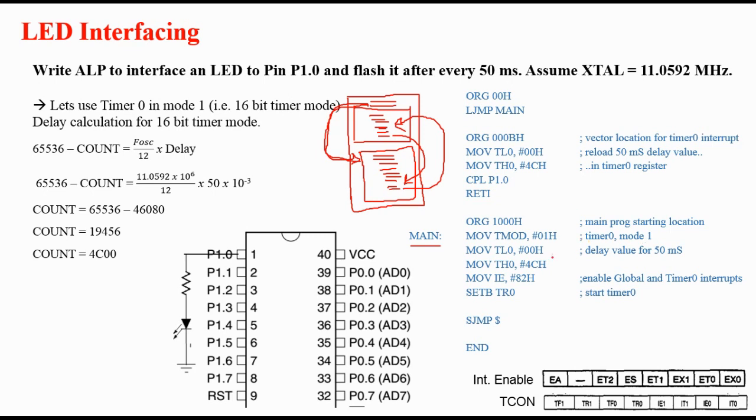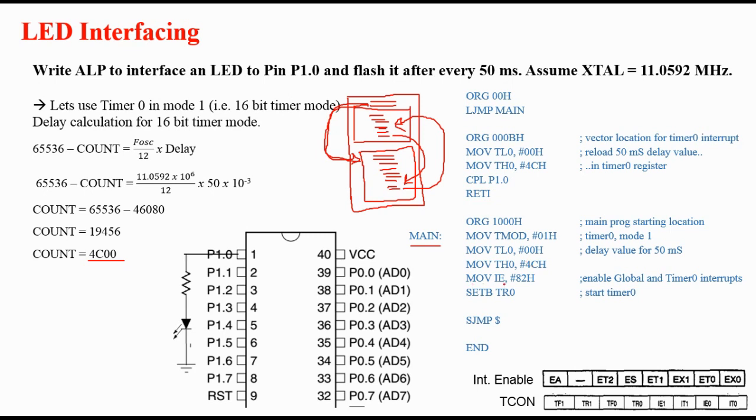Mode 1 is 16-bit mode. Now we will move this delay value 4C00 into TL0 and TH0. So MOV TL0, #00H and MOV TH0, #4CH. In this way TL0 and TH0 will contain 4C00.